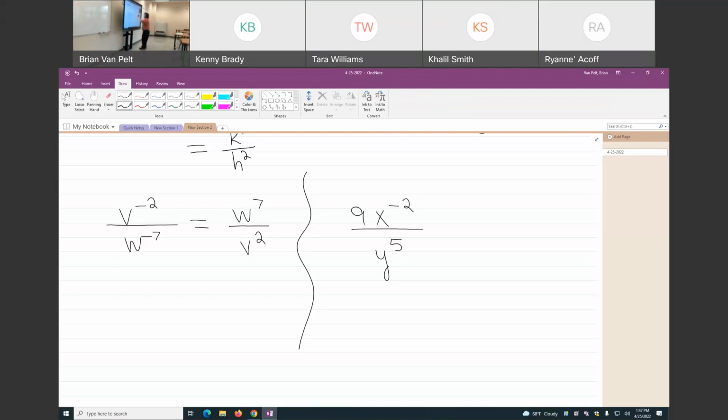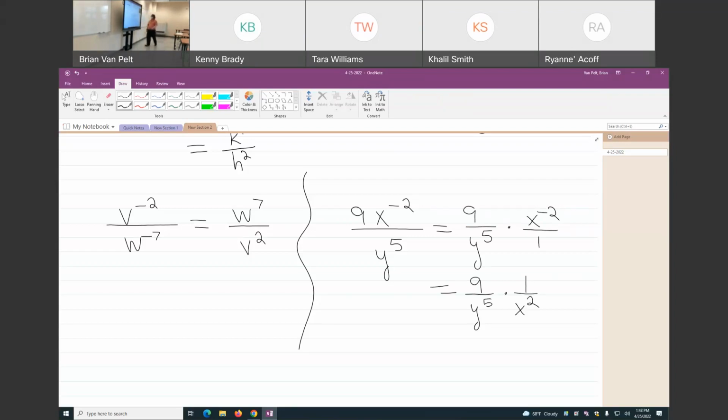Watch this. Deconstruct it for a minute, if you don't mind. All I did was pull it out. The reason I'm going to do that is because next I'm going to do this. So far, so good.